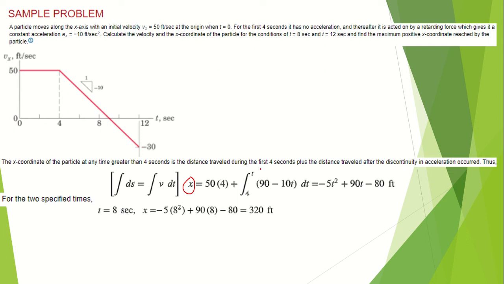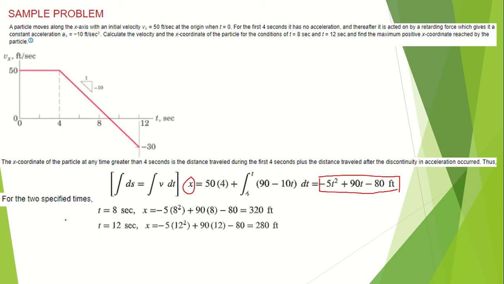So after integrating and combining similar terms, we got this: our x is equal to this one, minus 50t squared. Okay, so substituting here, at t equal to 8 seconds, we got 320 feet.